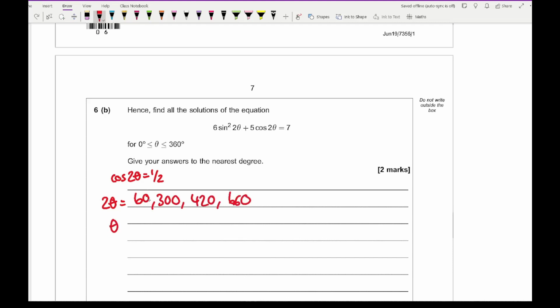So theta is going to be half of those: 30, 150, 210 and 330.